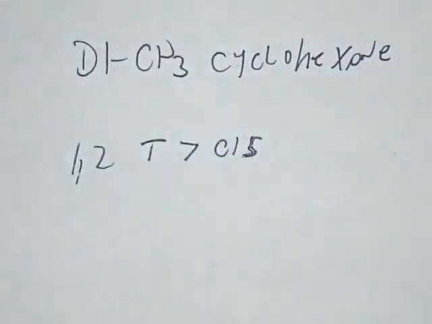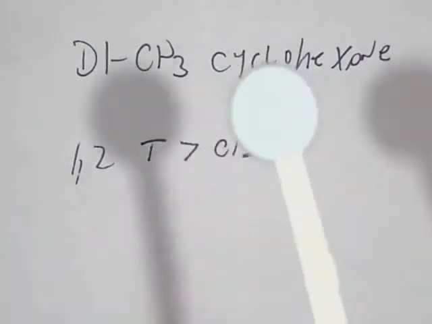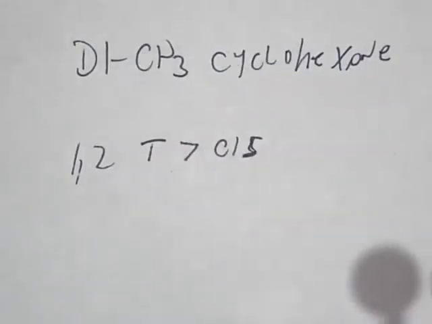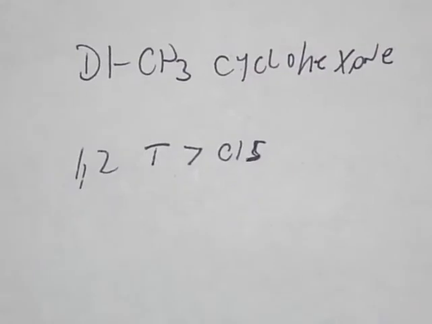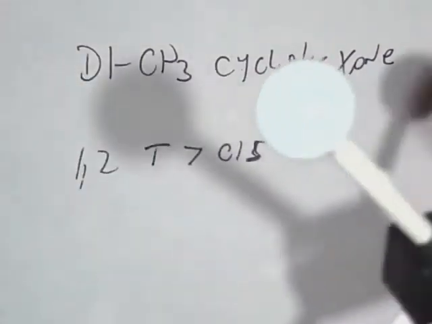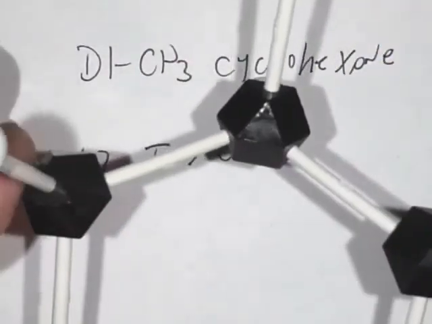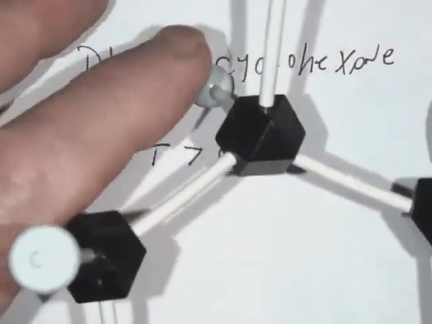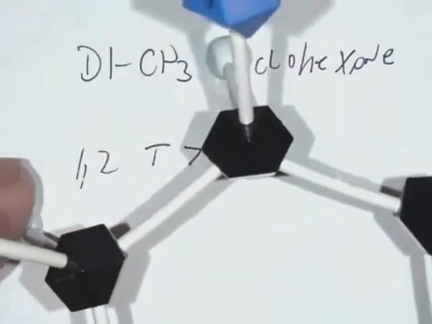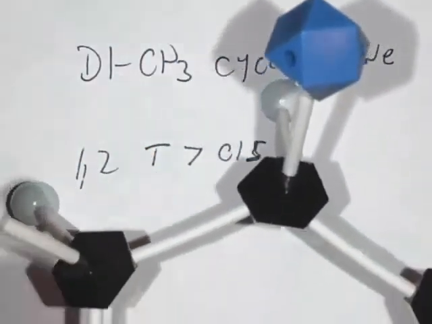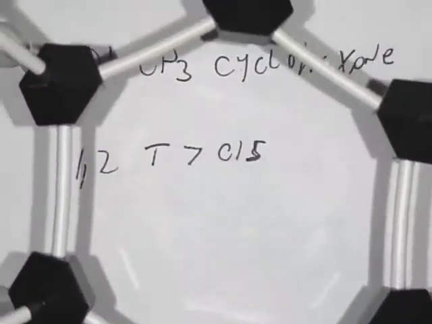Now, how do you know what you have? Okay, watch. I'm going to remove this methyl group, and I'm simply going to go with a light blue atom representing a methyl. And then I'm going to make the ring planar, flatten it out. This is how you tell. Okay, so we have one methyl group right in the planar ring.